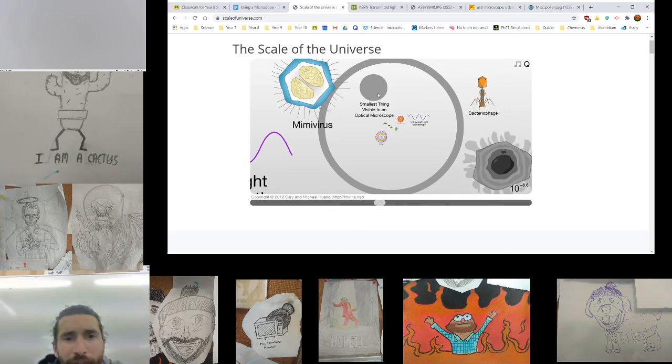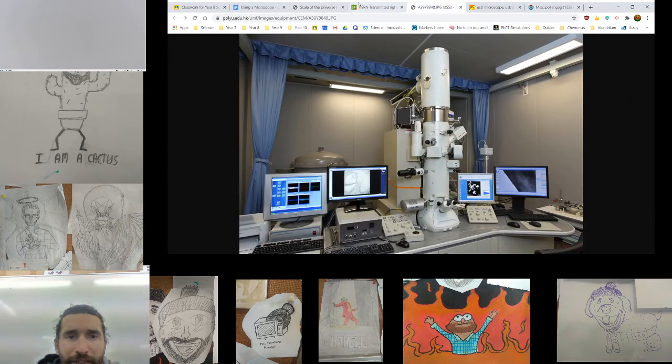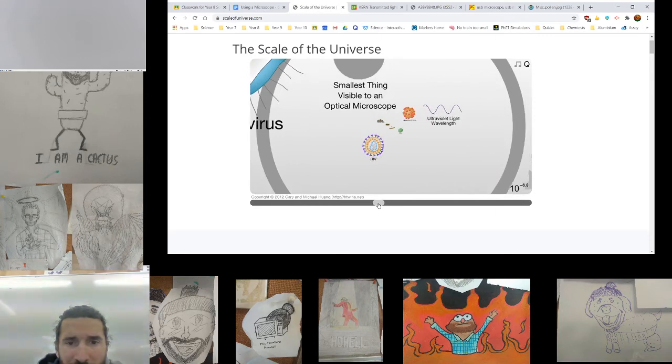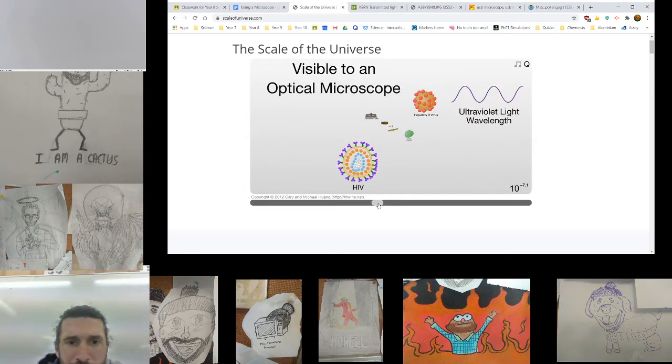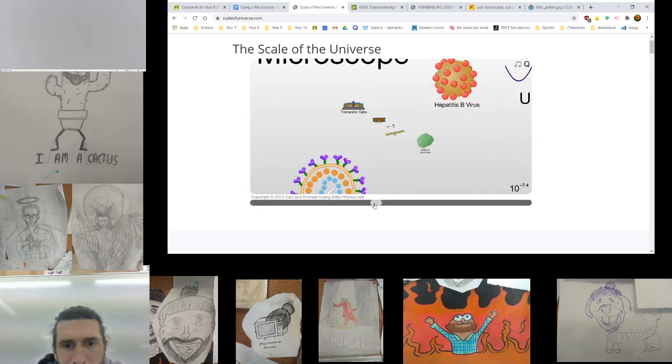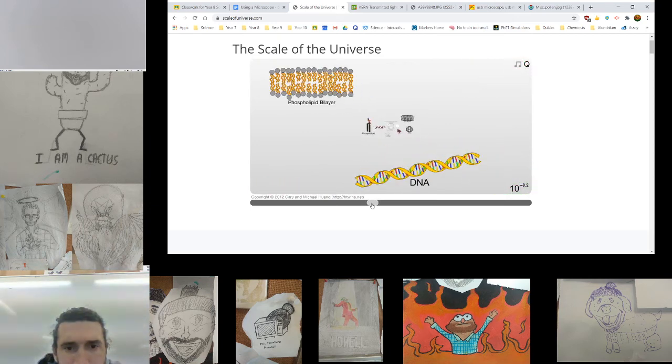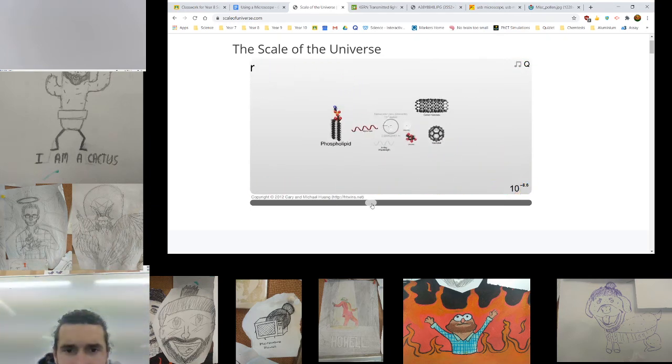So anything smaller than this, we can't use an optical microscope anymore, and we have to start using this expensive electron microscope. So stuff like the HIV or the hepatitis B virus, we need to use an electron microscope. DNA can't be seen without an electron microscope. What else have we got?